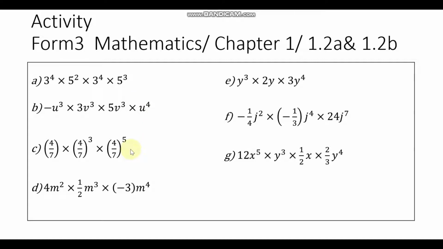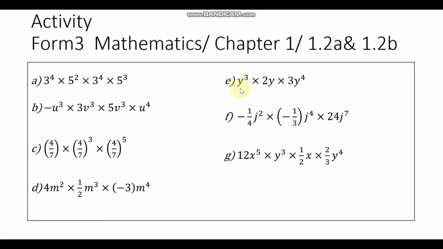Third question, we only got one base, which is 4/7, and the first index form here doesn't have the value of index, so I have to put it as 1. Next question, we only have one base, which is m, and each of the m in front already has a number, so we just do it.